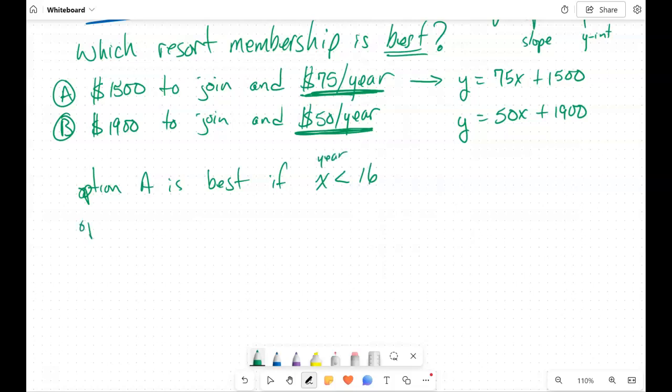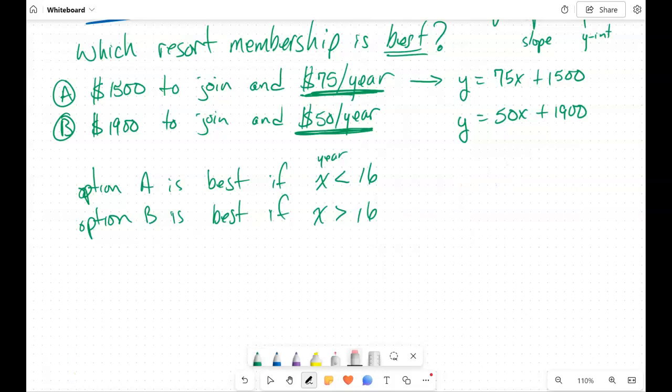I could say option B is best if X is greater than 16. Now notice I did not include equal to here because when X is equal to 16, they are both the same, option A and option B.